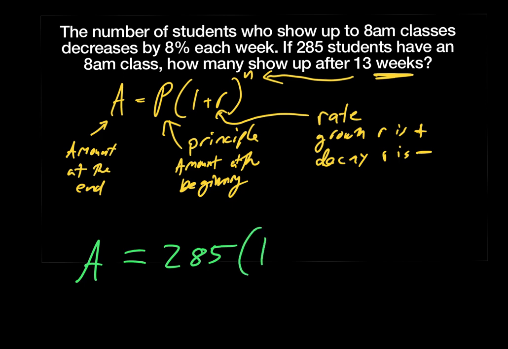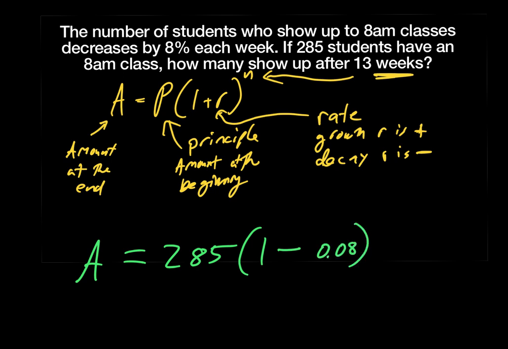Parenthesis 1 plus, do we know the rate? 0.08. Make sure you switch it to a decimal. And is it going to be plus or minus? Minus, so I need to change that plus back to a minus: minus 0.08.